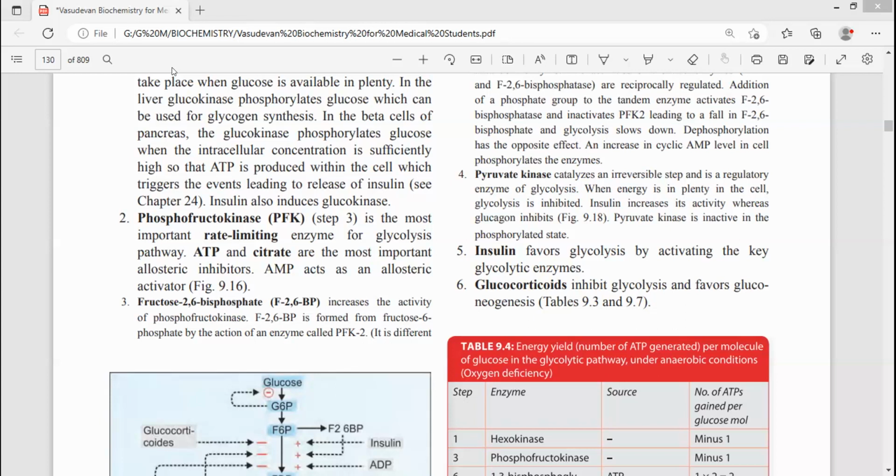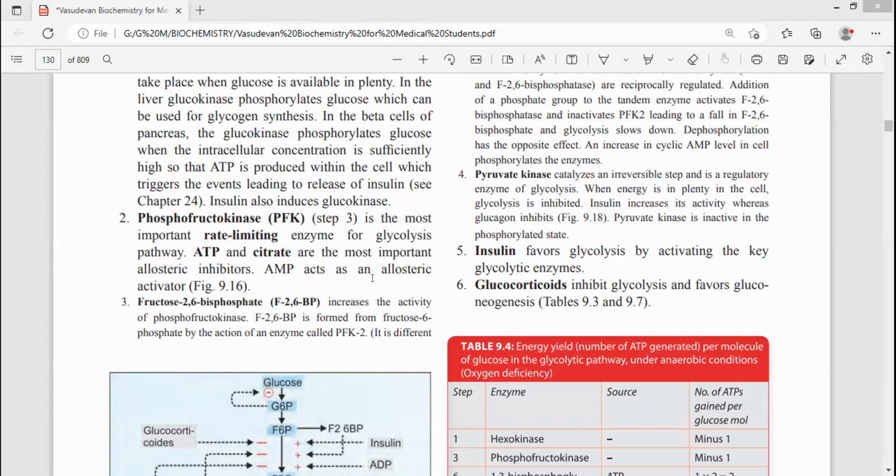Same with citrate. We'll see citrate in the TCA cycle. Then we are seeing AMP. AMP acts as an activator, still an allosteric activator. I mean, it's binding to another site, but activating. So ATP will inhibit it, because this system is producing ATP. If ATP accumulates, it goes and inhibits it. Then AMP activates this PFK.